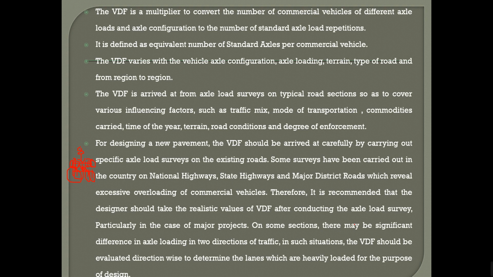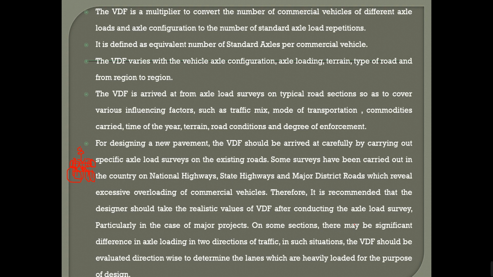I was speaking with respect to the 2-lane road, but you can also consider that it is applicable for a 4-lane road. 4-lane road in the sense 2 lanes are meant for movement of ongoing traffic, and another 2 lanes are meant for opposite traffic coming from the opposite direction.